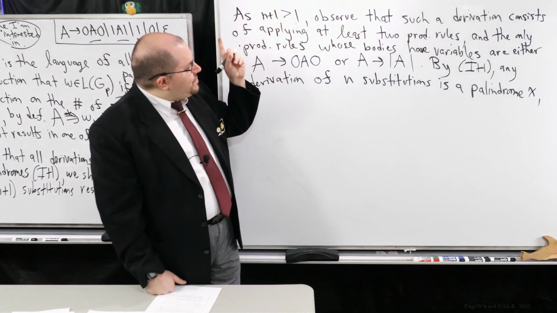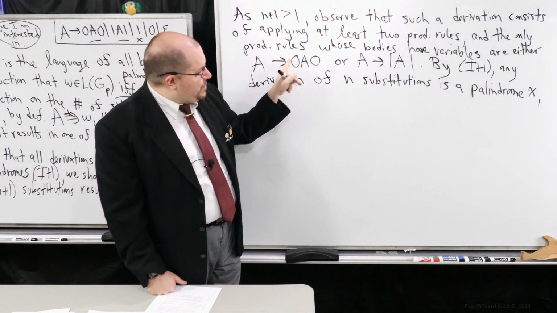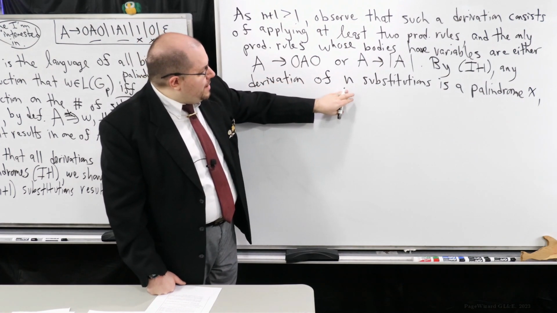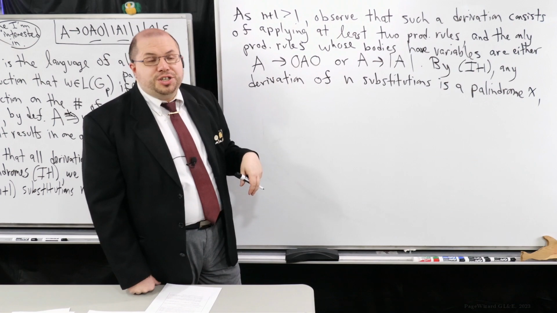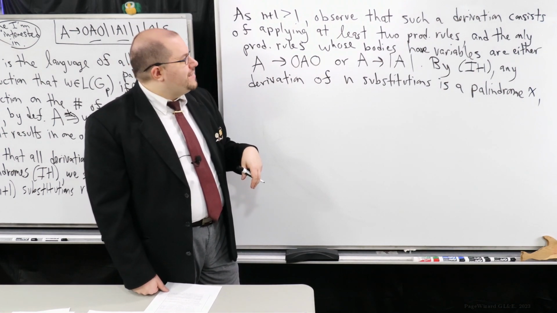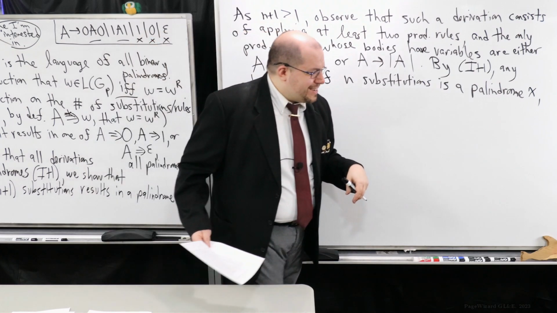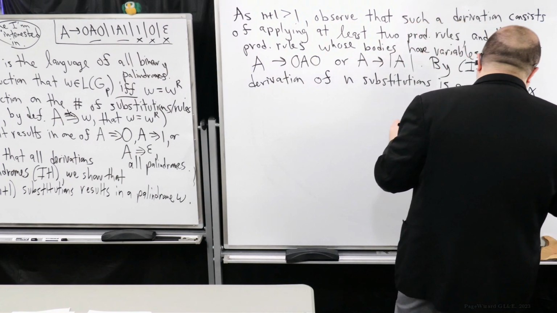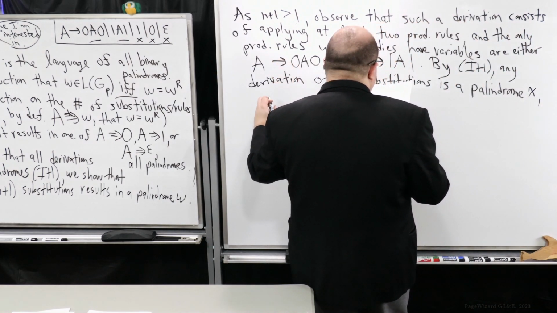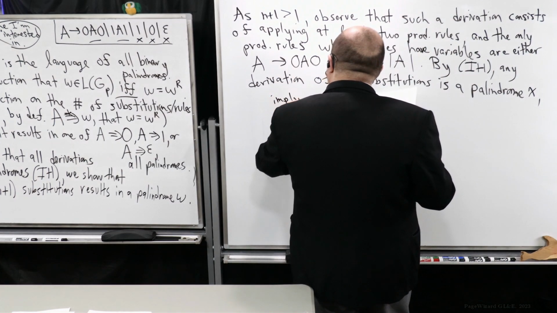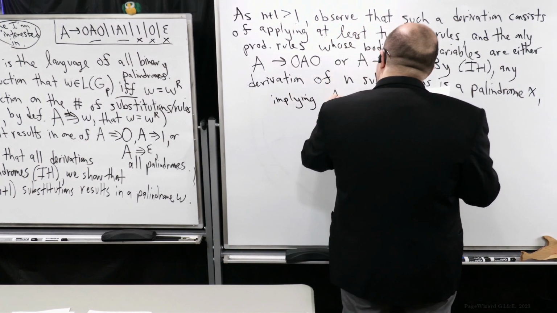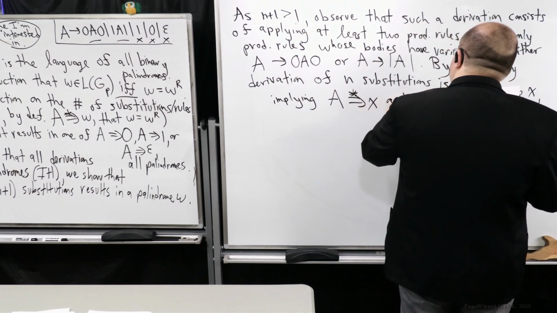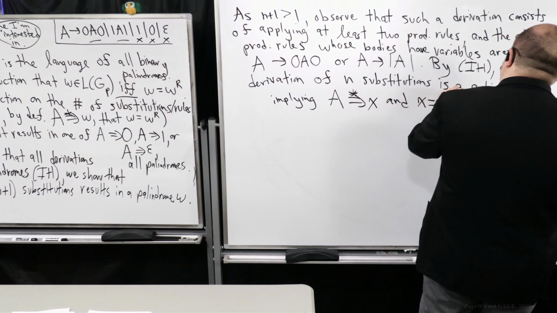We have to perform at least one production rule. It has to be one of these 2. But the induction hypothesis tells us that if you perform n substitutions, you get a palindrome. Very interesting, right? It's like putting a little cherry on top. So check this out. Implying A derives, with the star there, x, and x equals x reverse.